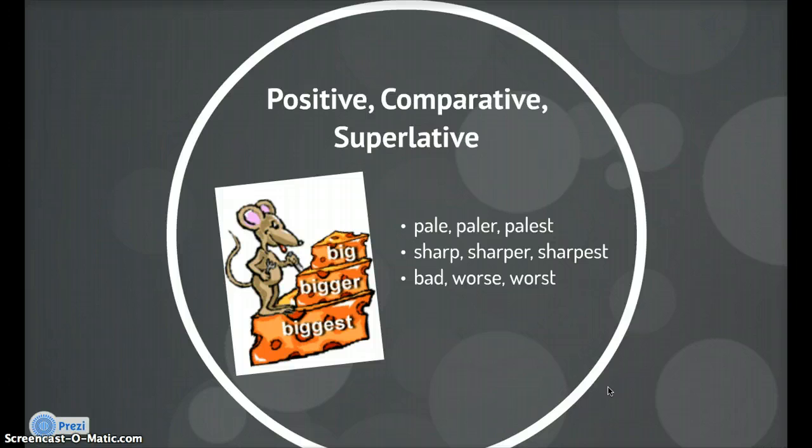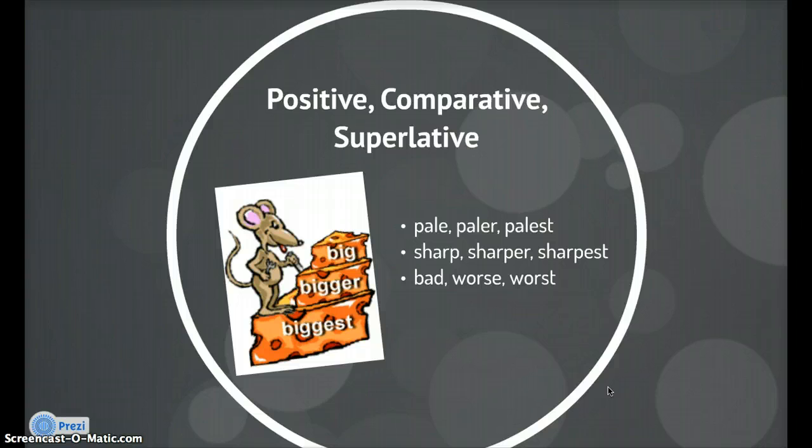We're going to talk about 3 different kinds of adjectives: positive, comparative, and superlative. A positive adjective is just the basic. This is a big piece of cheese. Then, when you go to a comparative adjective, you're comparing it to another piece of cheese. So you would say something like, this piece of cheese is bigger than this piece of cheese.